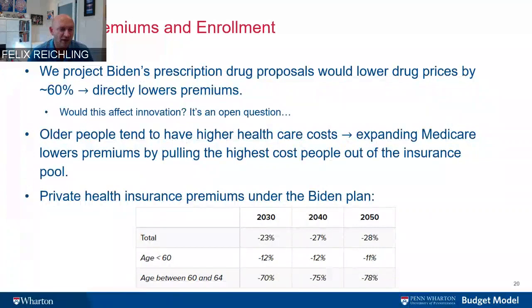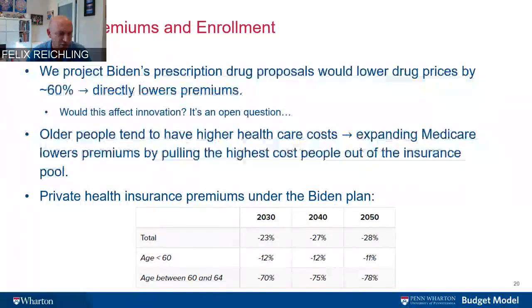But overall, the private health insurance premiums for the 21 to 64-year-olds will go down by between 23 and 28%. Not surprisingly, those premiums will go down a lot for the 60 to 64-year-old group because now they pay much lower Medicare premiums.